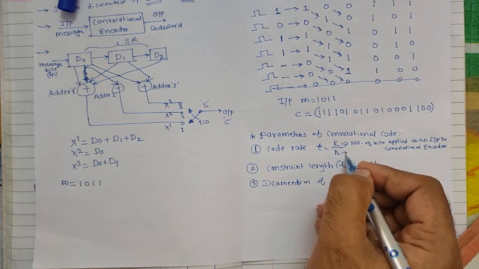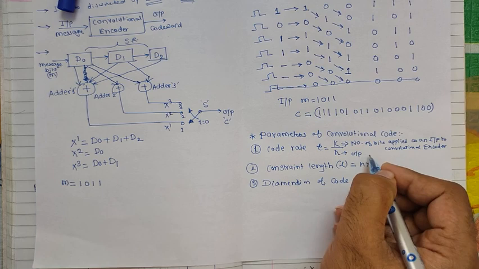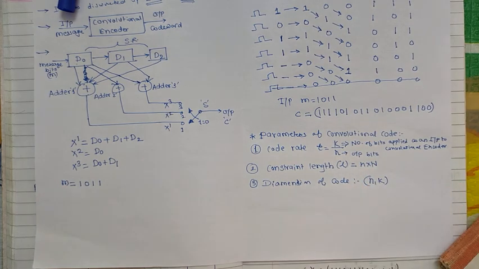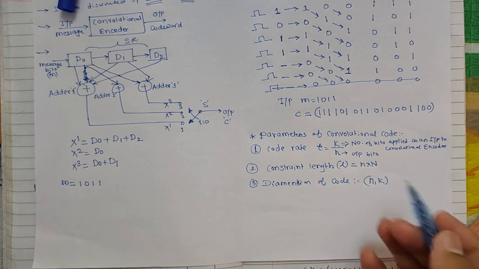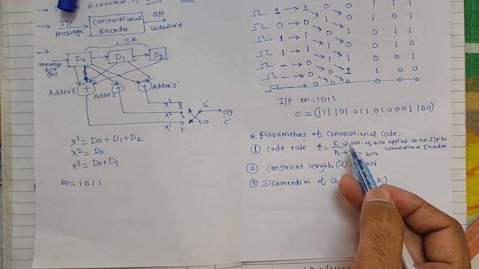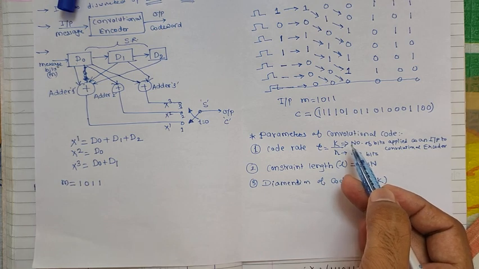And what is n? N is the number of output bits. So code rate is basically the ratio of the number of bits applied as an input to the convolutional encoder and the number of output bits for that corresponding input bits applied to the convolutional encoder.